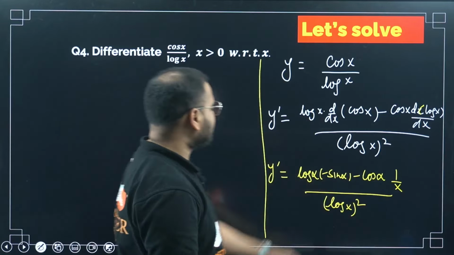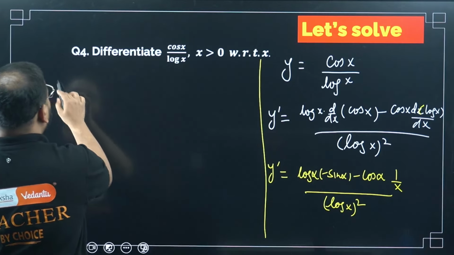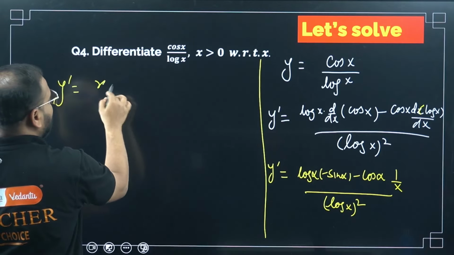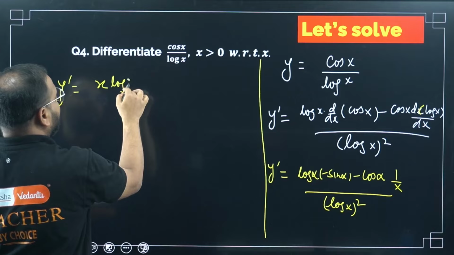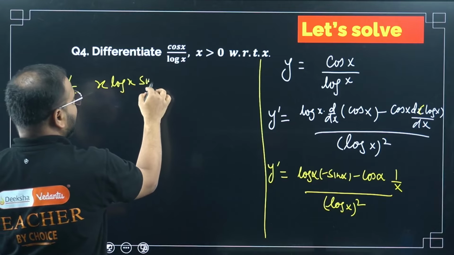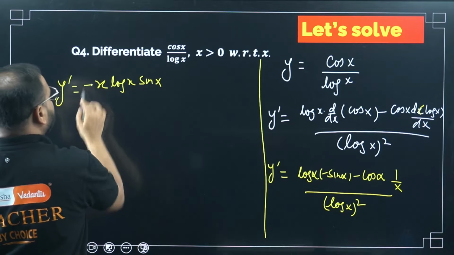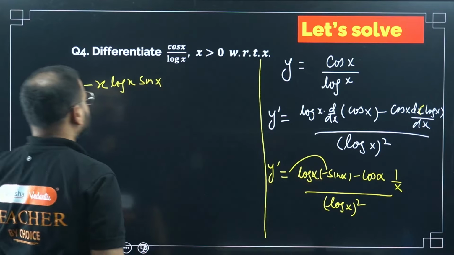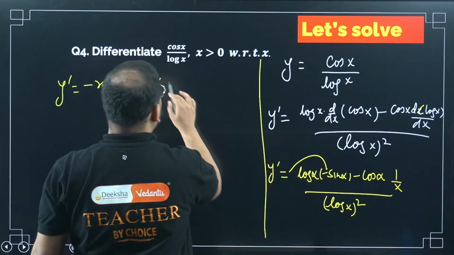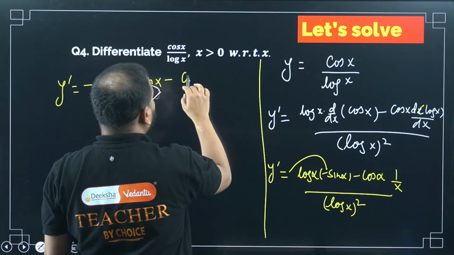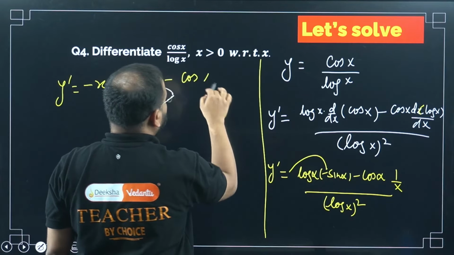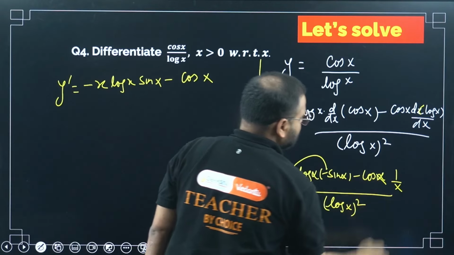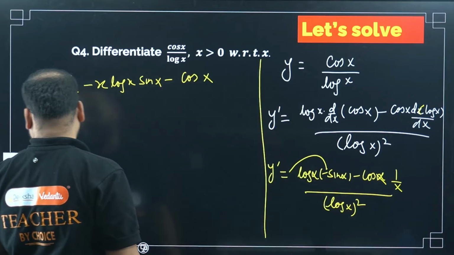I can take x as the LCM. So y dash equals minus x log x sin x, I'm taking the minus sign over here and writing log x sin x. What about here? Minus cos x, that is x only, it's not alpha. I hope you understand, this is x only.